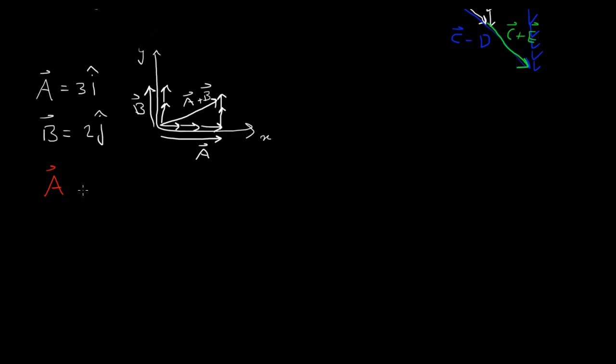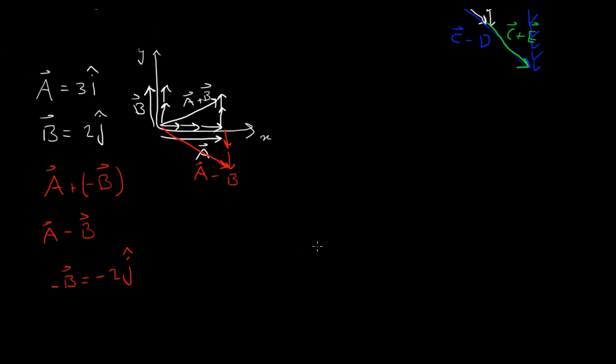So A plus minus B. This is actually A minus B. But now minus B is a new vector, which is minus 2j hat. So subtraction is simply like adding minus B, which is minus 2j. So instead of going up, I go minus 2j hat. And now this is A minus B.